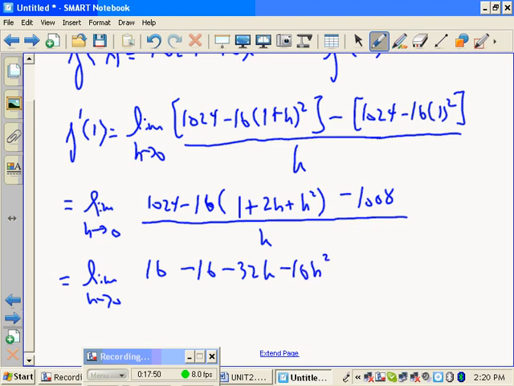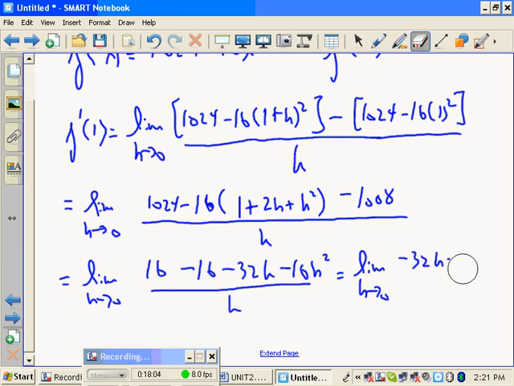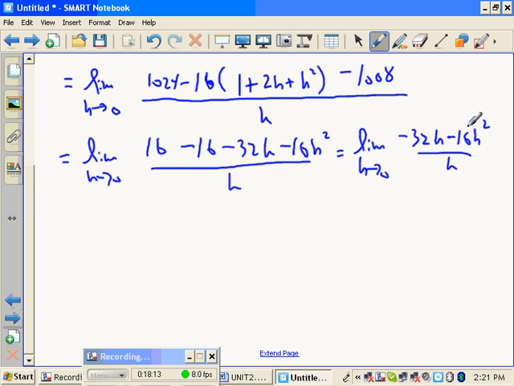I just distributed the negative 16, right? Over h. Well, what happens with the 16s? They're gone. So that's the limit as h approaches 0 of what's left: negative 32h minus 16h squared, all over h.